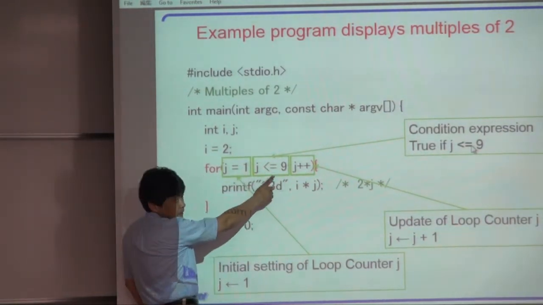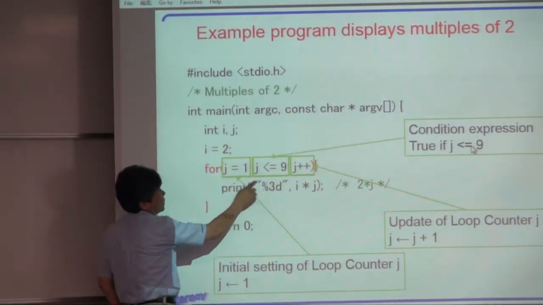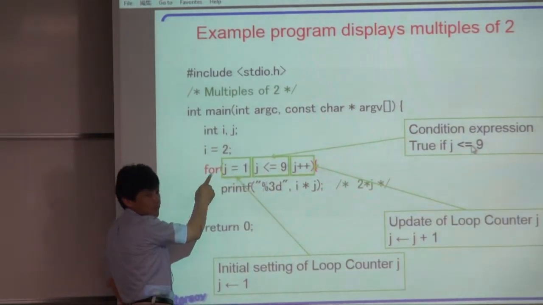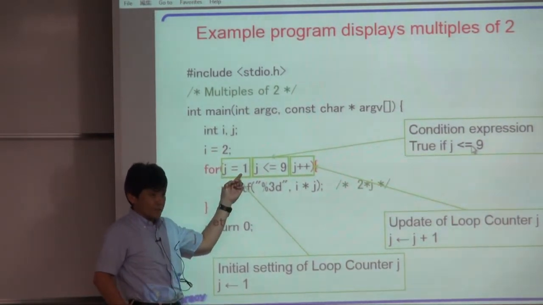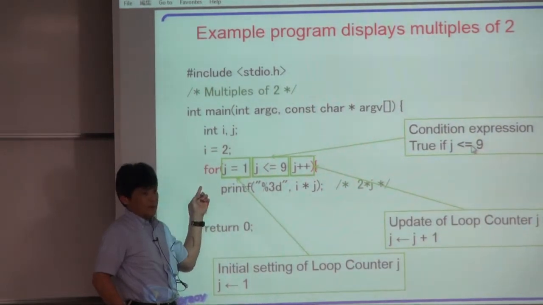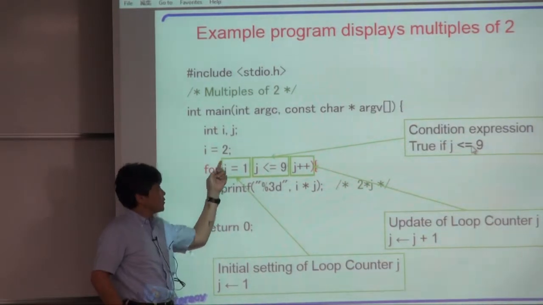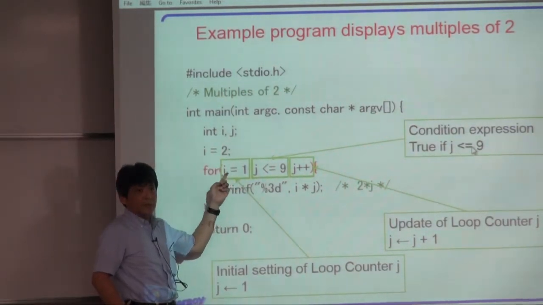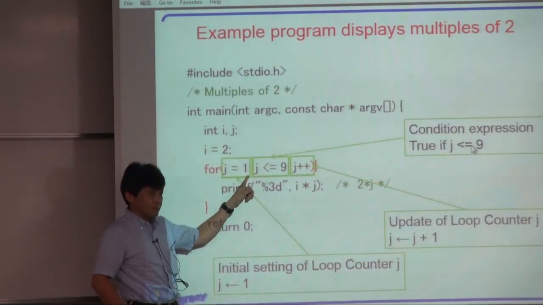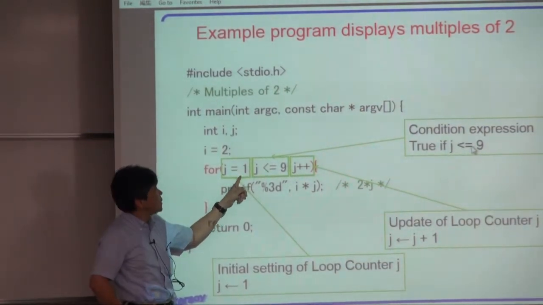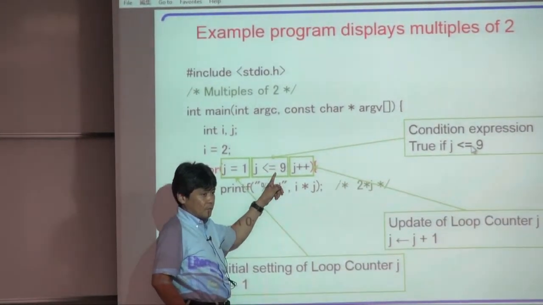So in this case, you have to specify this as the argument of the for sentence. As I explained, the first part is the initial setting. At the starting point of the for sentence, this part will be executed, so variable j's value becomes 1 as the initial value. After that, this part will be evaluated.